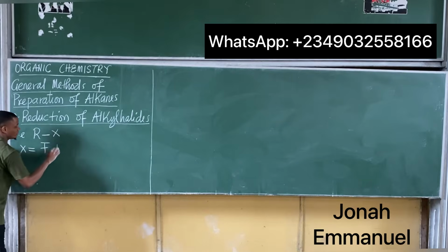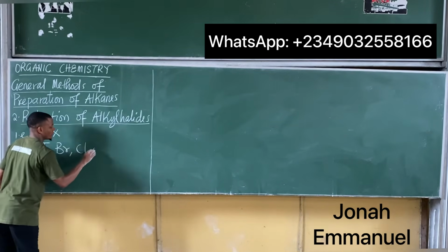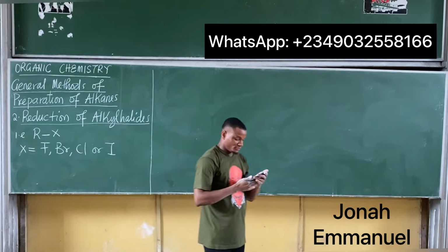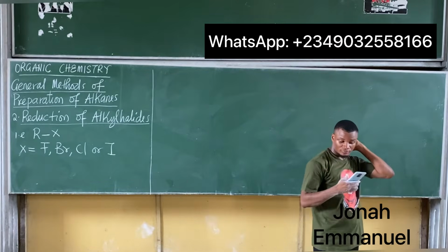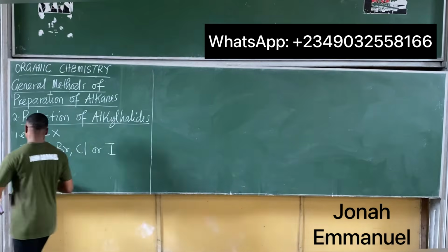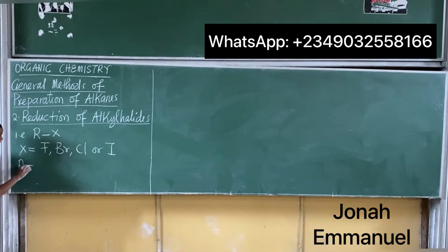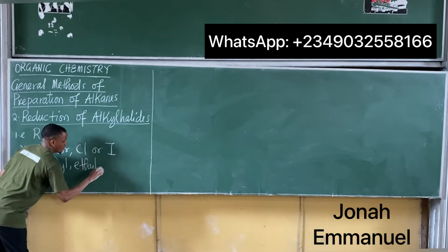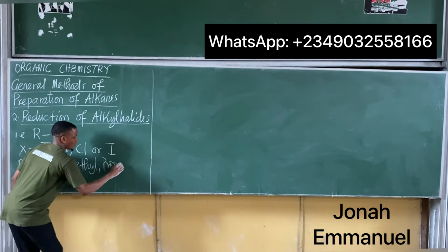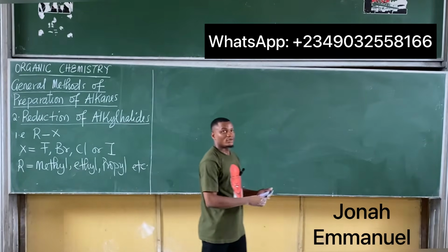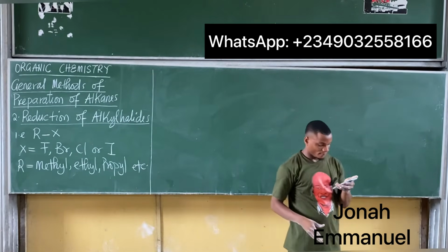That's fluorine, bromine, chlorine, or iodine. And R is an alkyl group: methyl, ethyl, propyl, etc.